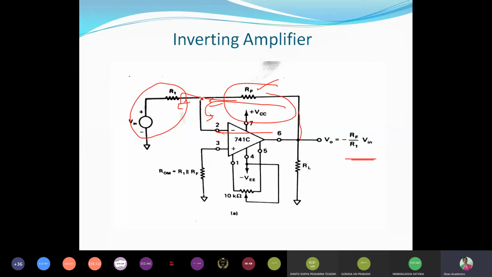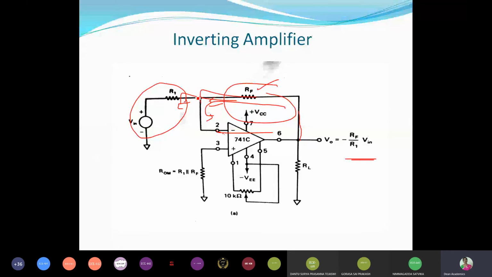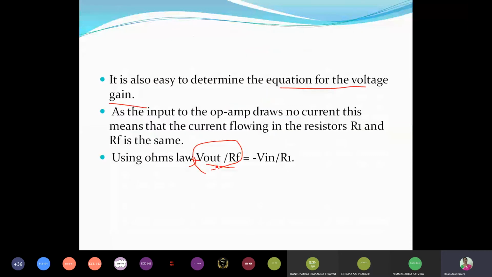If we consider this as a reference, Vout by RF is equal to minus Vin by R1, because it is in the other direction. So this branch current is equal to this branch current. When you write like this, Vout is equal to minus Vin by R1 into RF.